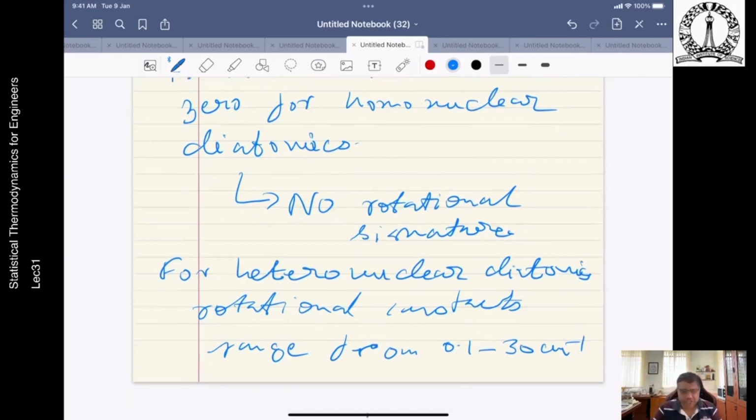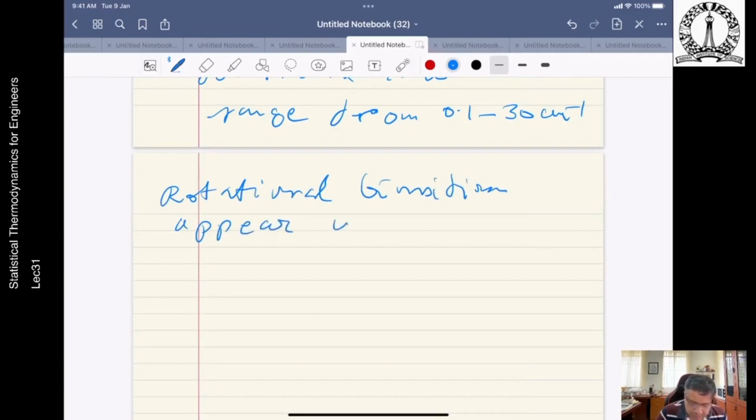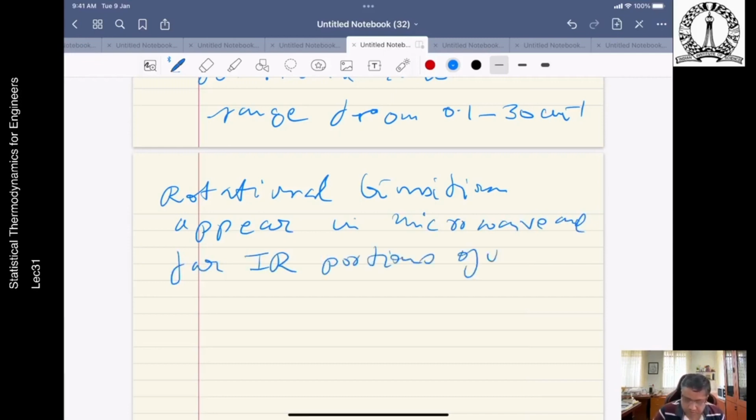So these rotational transitions appear here in the microwave and far IR portions of the EM spectrum.